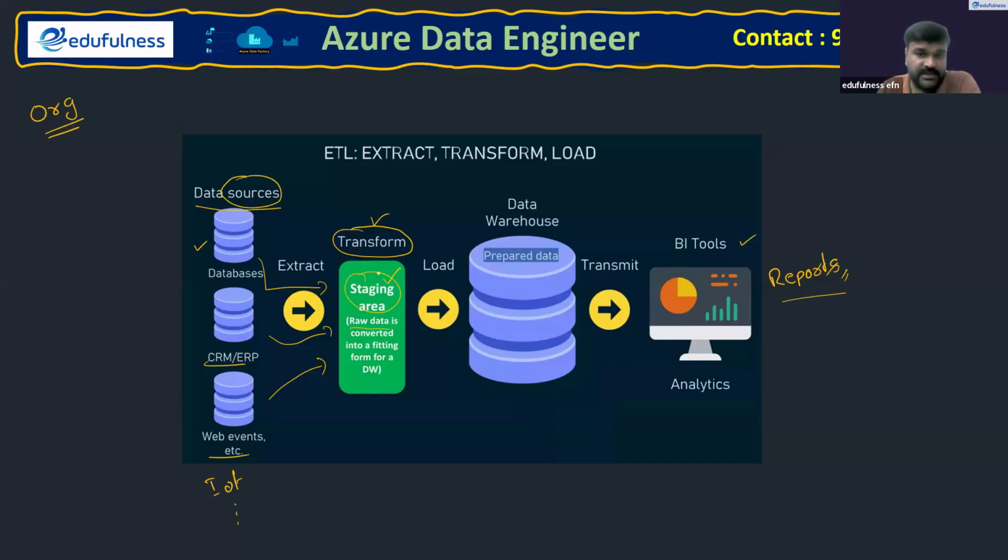Then that transformed data you are going to load into the data warehouse. In general, what is the meaning of a warehouse? A warehouse is nothing but storing something in a structured manner, so that whenever it is required, you can bring it back very quickly. So while storing itself, you store in such a manner that a proper structure is followed.